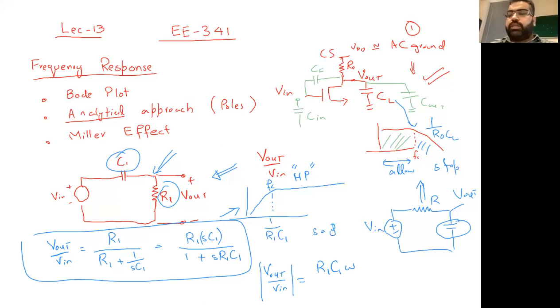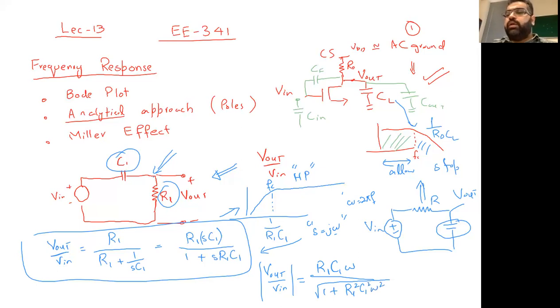If you are not familiar or want to refresh, we replace S with j omega and take only the real part, meaning the magnitude part, by taking the square. Omega is equivalent to 2 pi f, so it's frequency dependent, and that's why the variation is coming. So it's not going to be consistent. It's going to be 1 plus R1 square C1 square omega square.